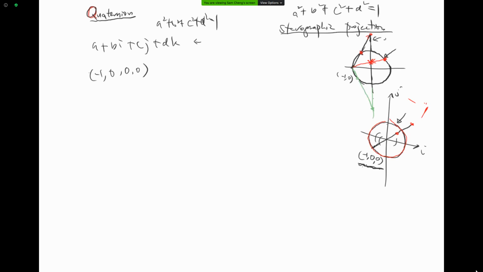And also I want to see the line that projects intersect with the imaginary plane. Actually, in this case, a 3-dimensional imaginary plane.